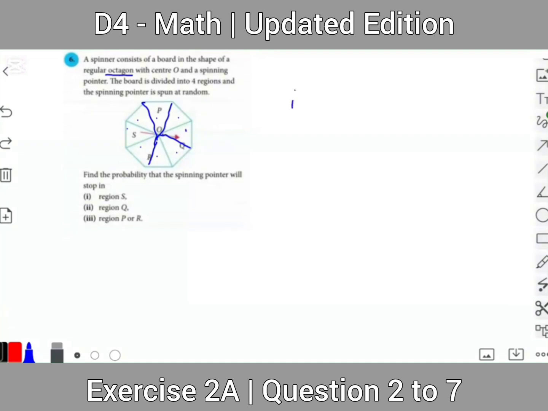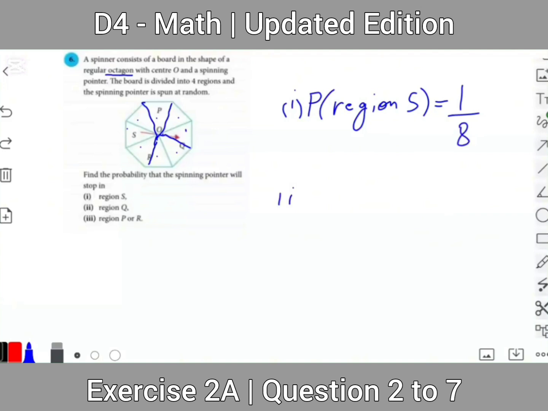So for part 1, we have to find the probability for region S. Since region S covers only 1 part, it will be divided by the number of elements in the sample space. Since we have a regular octagon, the number in the denominator will be 8. So the probability for region S will be equal to 1 over 8.